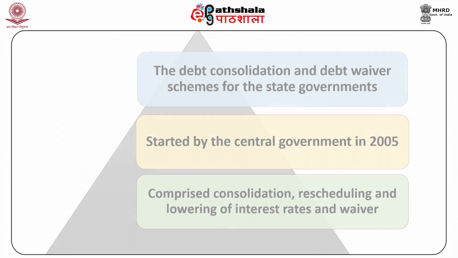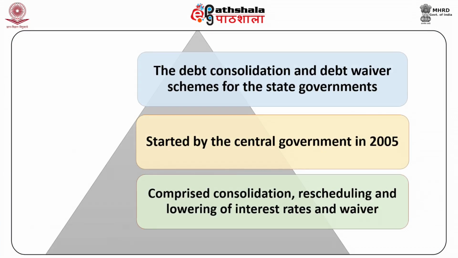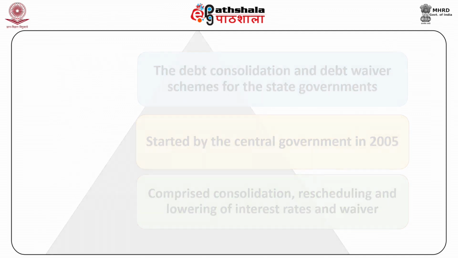In 2010-11, the ratio was 0.33%. The reason for the fall was the debt consolidation and debt waiver schemes for the state governments started by the central government in 2005, which comprised consolidation, rescheduling and lowering of interest rates and waiver in certain cases.